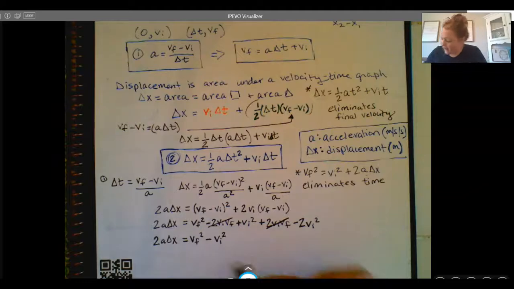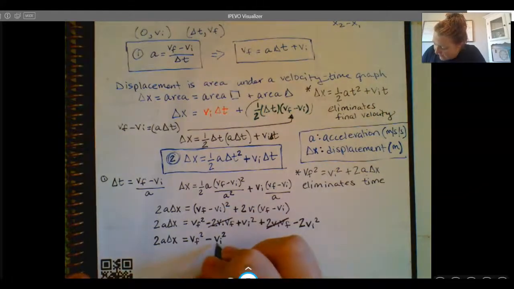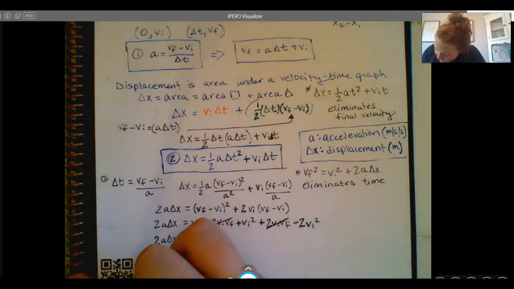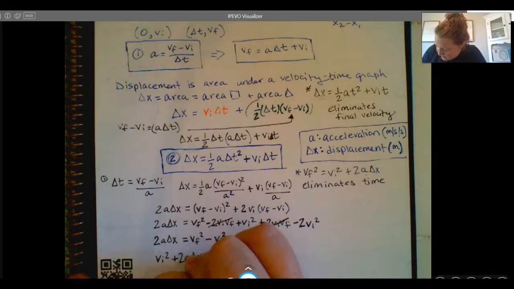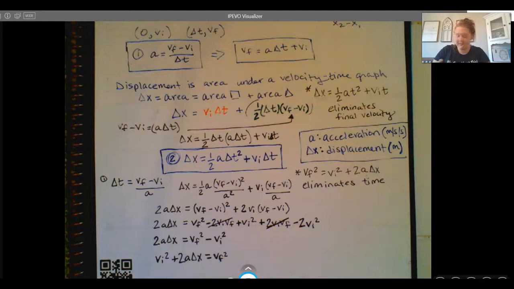So if I add VI squared to both sides, then I have VI squared plus 2a delta x. That will equal VF squared. And there's my equation. I'm going to write it in blue and box it.